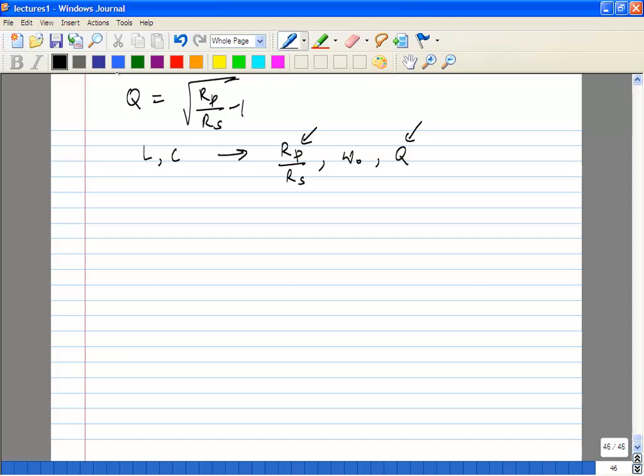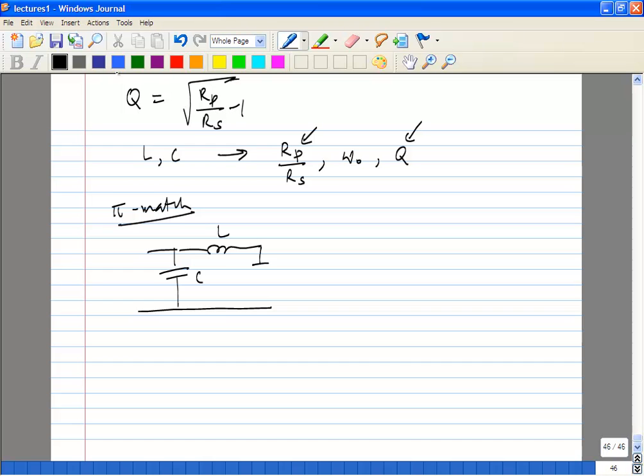Okay, so then we'll move on to the next kind of match, which is the pi match. You will see why it's called the pi match. So what do you do? Let's take the simple case. So you have a C and you have an L. You want to add one more degree of freedom.